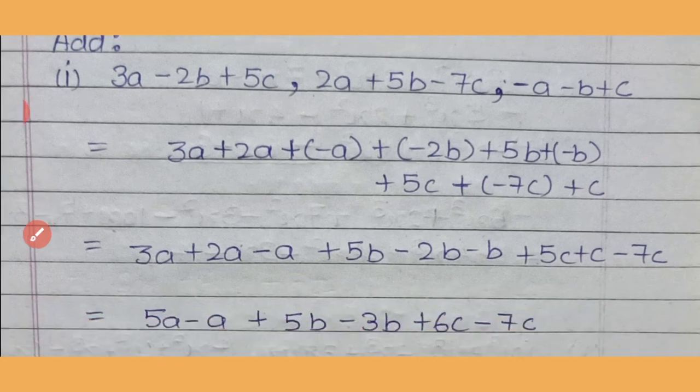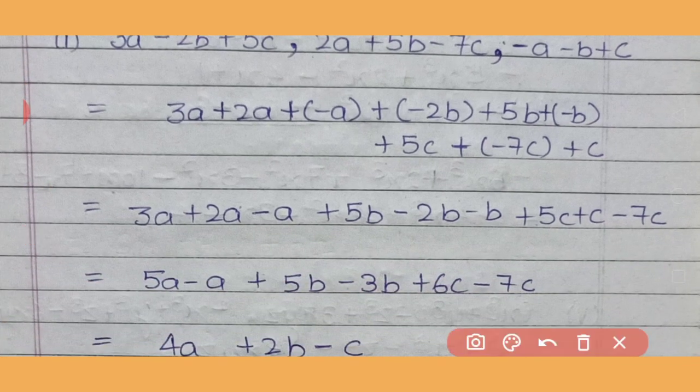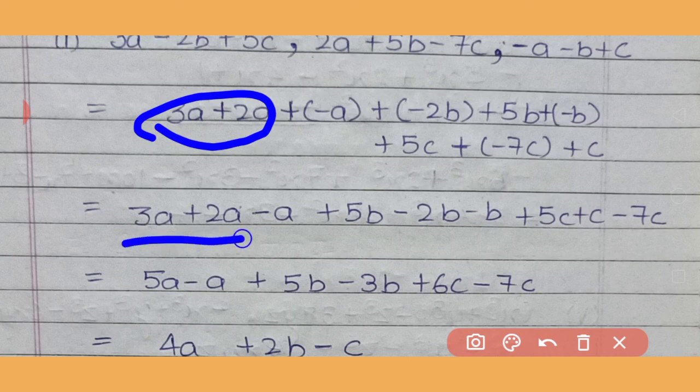Whenever the bracket opens, these two terms 3a plus 2a will add, and minus a will be there. Again, firstly we will write 5b, then minus 2b and then minus b, meaning positive numbers on one side and negative numbers on the other side. Firstly we write positive numbers: 5c plus c minus 7c.